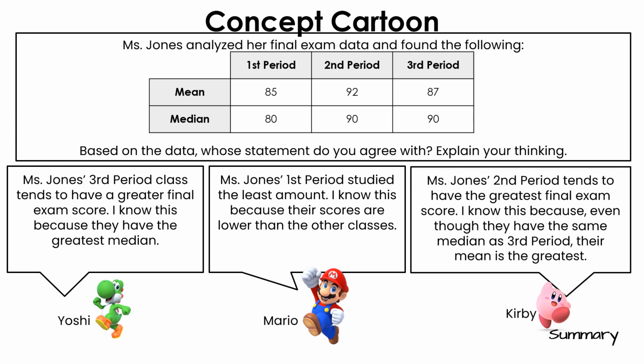Kirby says Miss Jones' second period tends to have the greatest final exam score because even though they have the same median as third period, their mean is the greatest. Once you make your decision, make sure you write why you believe that character is correct and submit the slides from this lesson.